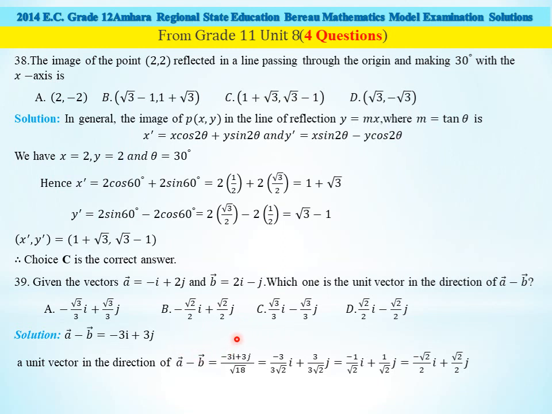So we have minus 3i plus 3j over the norm. What is the norm of this vector? Square root of 9 plus 9, which is square root of 18. When simplified, we get minus root 2 over 2 i plus root 2 over 2 j. So which choice has this? Choice B, so choice B is the correct answer.